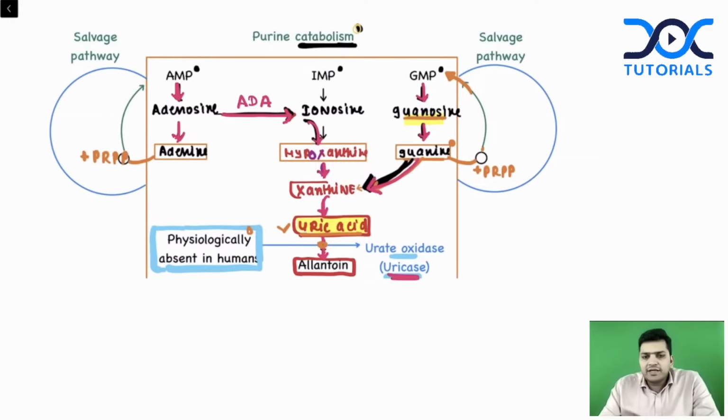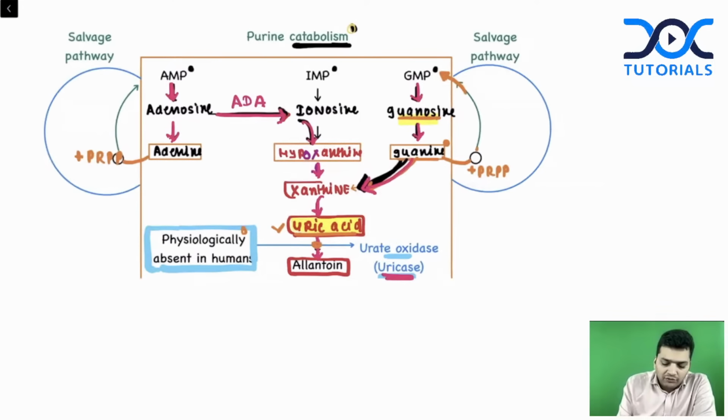The meaning of salvage is this: while destroying the purines, we realize in between that we want them back and want to reuse them. For example, I was cutting the purine and got adenine, but now I want to make the nucleotide again.